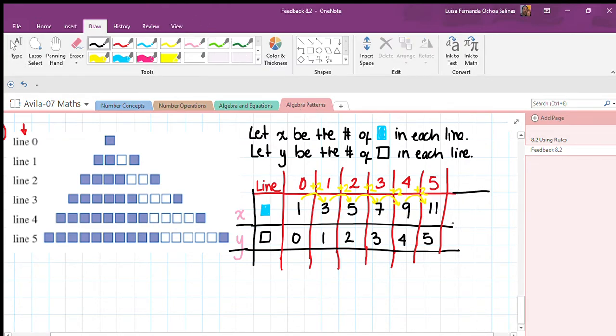So I'm going to continue this table here. If I say that this one is Y, then this one becomes 2Y.